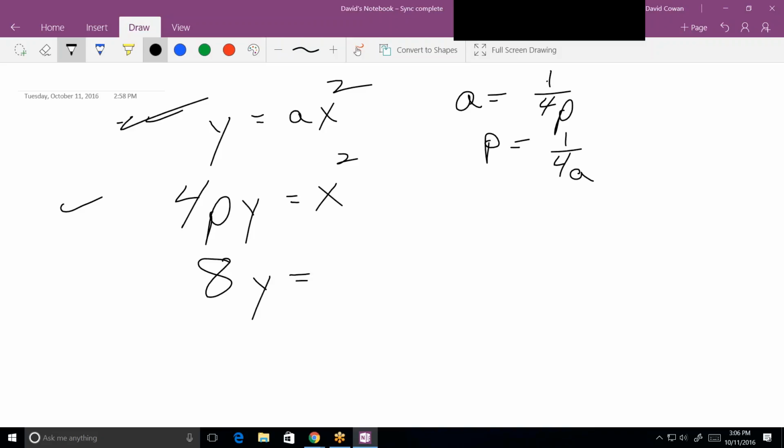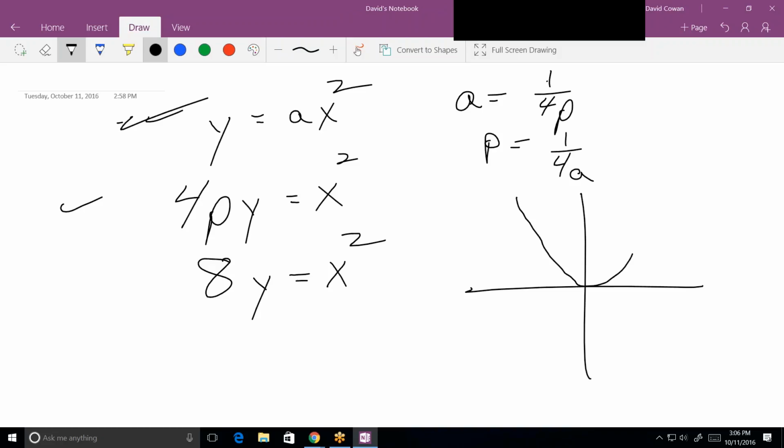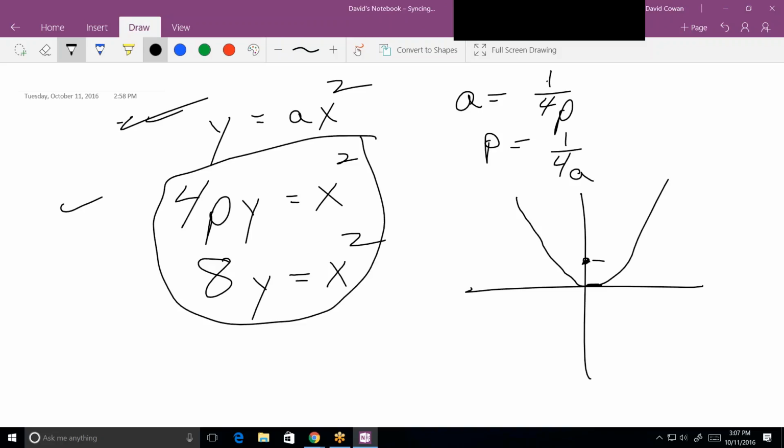If I said 8y equals x squared, we know that's a parabola like that with its vertex at the origin. What's P? P is the distance from the vertex to the focus. In this case, what's P equal to? 2.